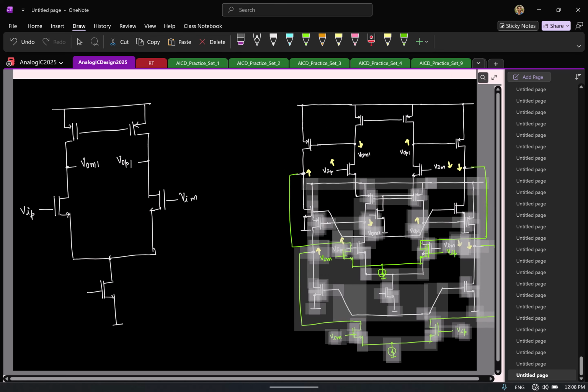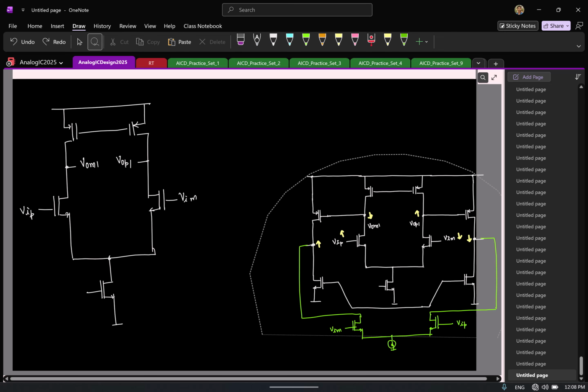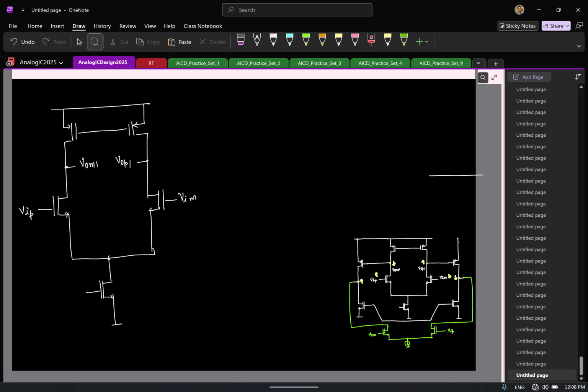Now what I am doing is I am having the second stage. Let me see if I can reduce the size of this further. I'll draw the second stage here.